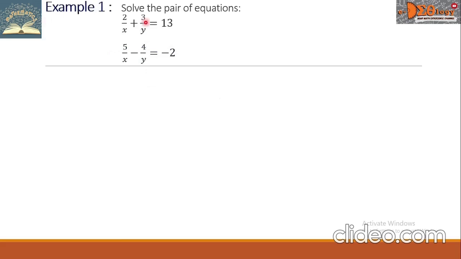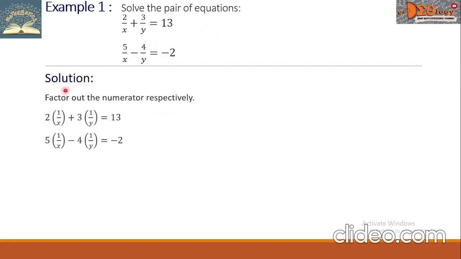Example 1. Solve the pair of equations 2 over x plus 3 over y equals 13, 5 over x minus 4 over y equals negative 2. First step here is to factor out the numerators respectively.